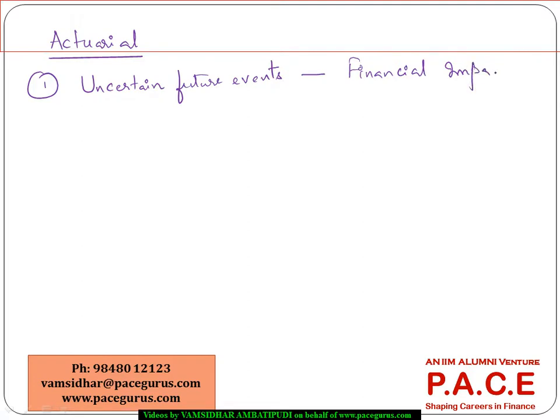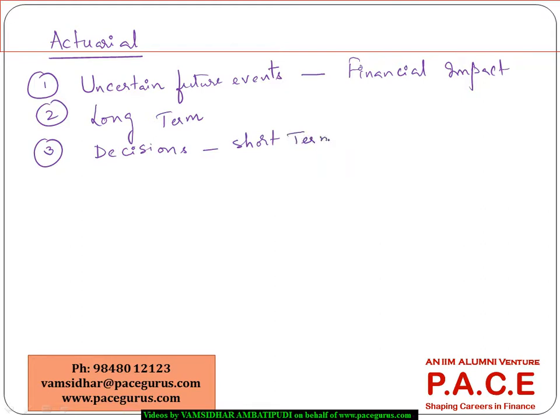We can use this kind of model, or we can typically look at a long-term perspective as part of the model, right? And we can still make decisions in the short term. Though the overall focus is long term, I can still make decisions in the short term based on the future outcomes that are going to come out. Probably a short term liquidity crisis, I can very well address through this model.